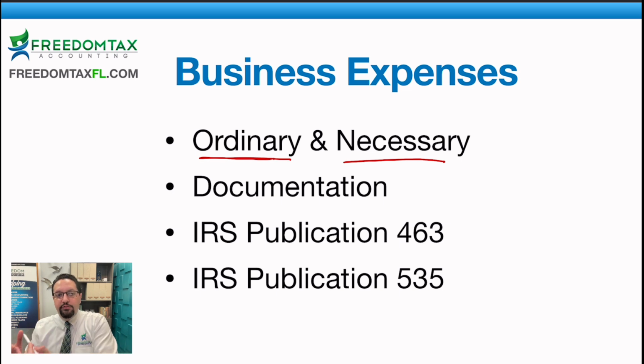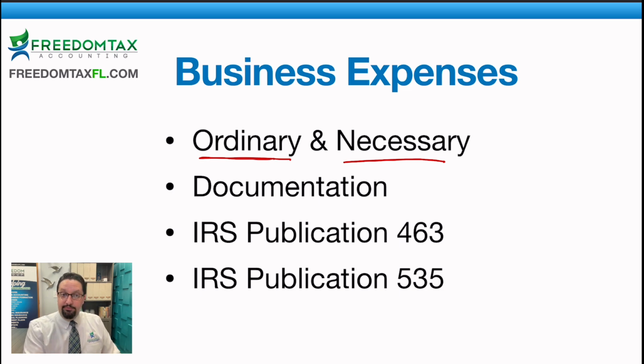So if you are a real estate agent, ordinary business expenses are expenses that real estate agents commonly have to pay in their industry. For example, if you're a real estate agent and you buy a set of knives, knives are not an ordinary business expense for realtors.